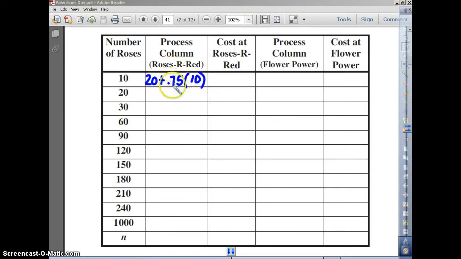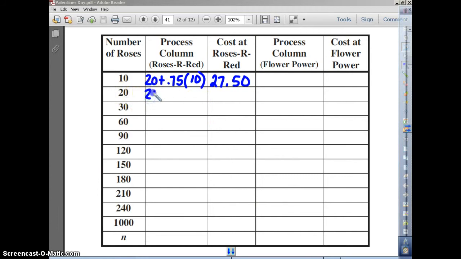Well, if you take 10 and multiply by 0.75, you get $7.50. If you add that onto the 20, you get $27.50.